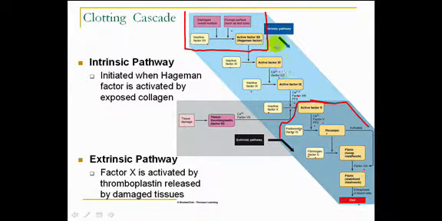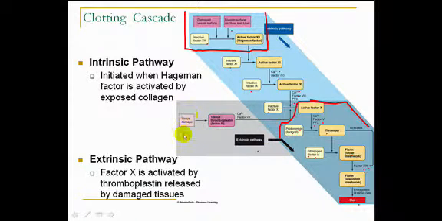You don't have to know this little part here, or factor 13 here, but almost all of it. Now, there also is what's called the extrinsic pathway, and this is kind of interesting. What happens is the clotting cascade can also be initiated when not necessarily a blood vessel is damaged, but when tissue is damaged. Okay?